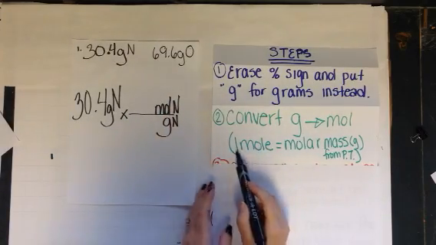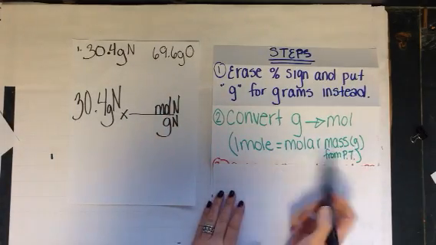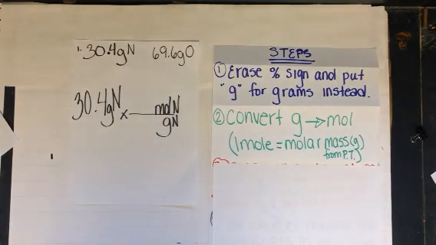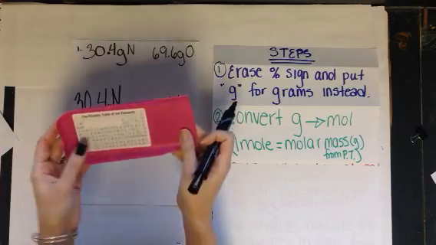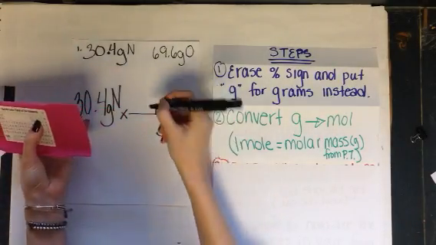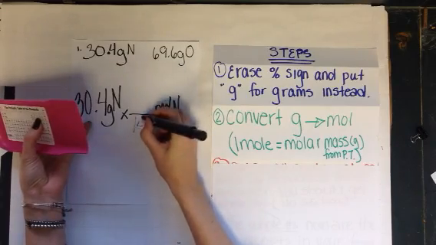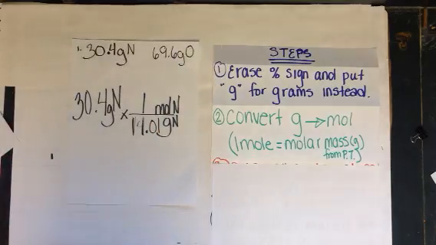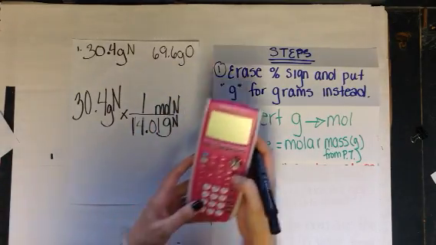Don't forget, 1 mole equals the molar mass in grams from the periodic table. So I pull out my periodic table, look up nitrogen, and nitrogen is 14.01 in 1 mole.